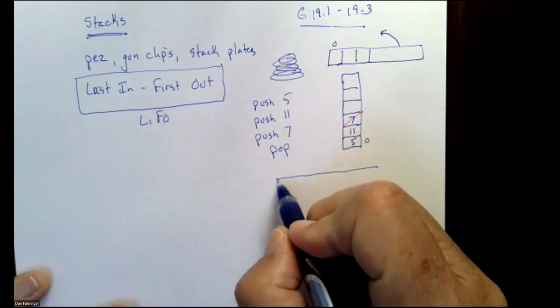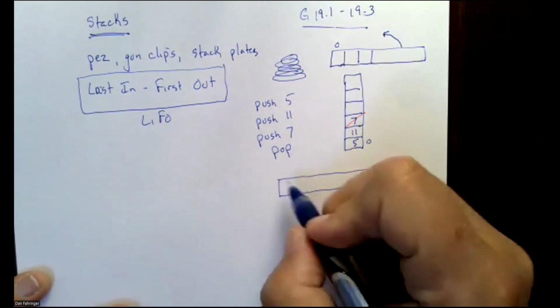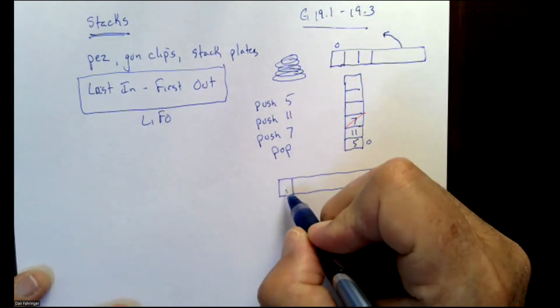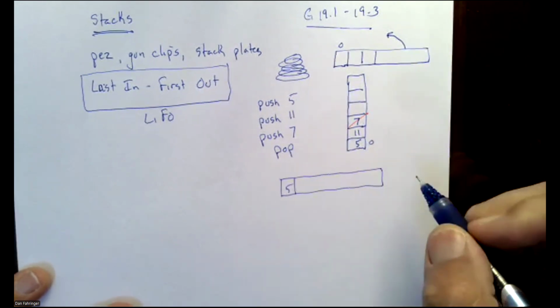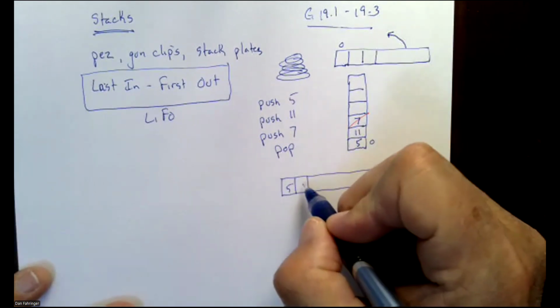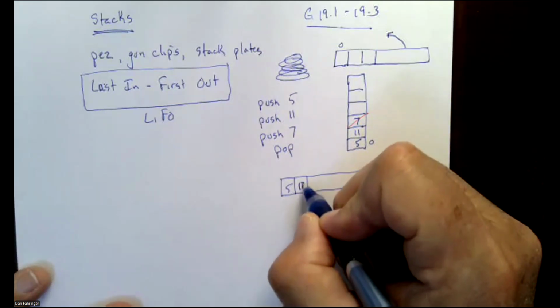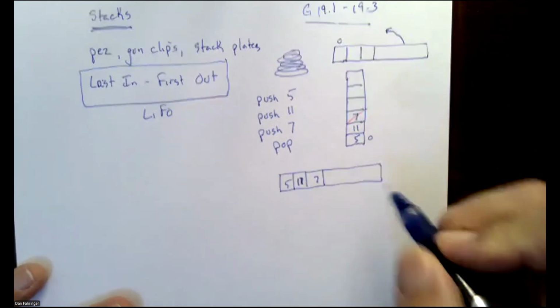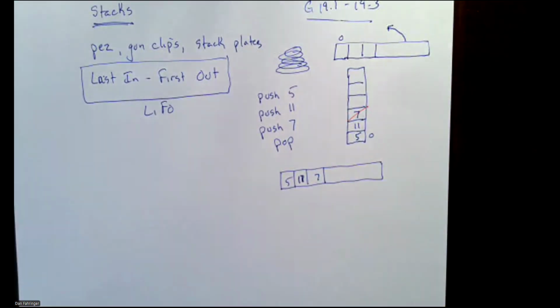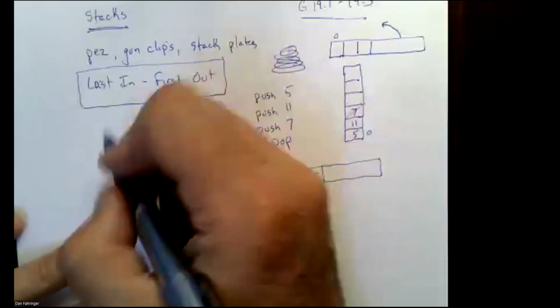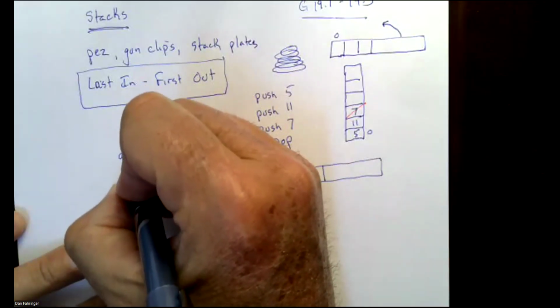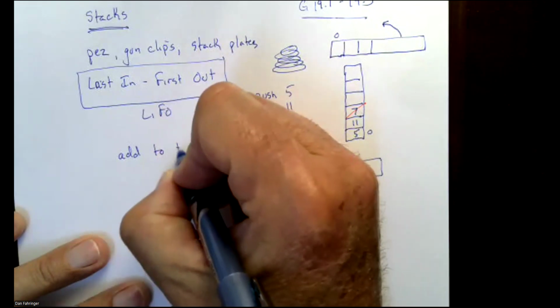And when I followed these steps, I pushed a 5, then I pushed an 11, then I pushed a 7, and then I pop. Good, got it. When I push, I add to the end.